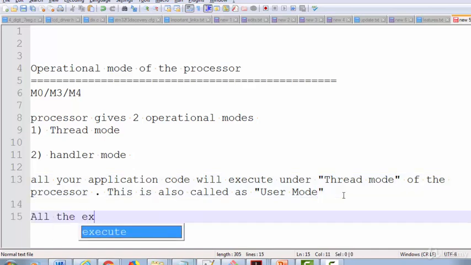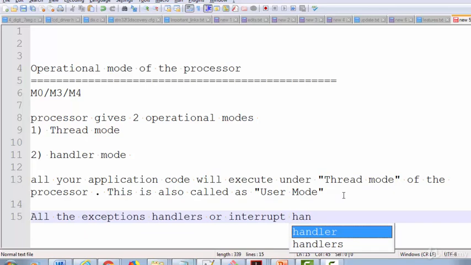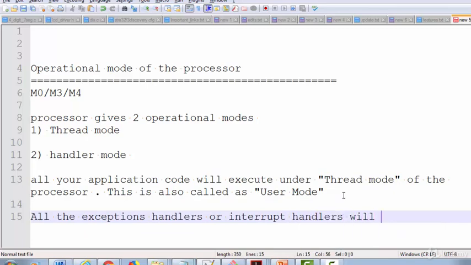Okay, all the exception handlers, or you can also call them interrupt handlers, will run under the handler mode of the processor.